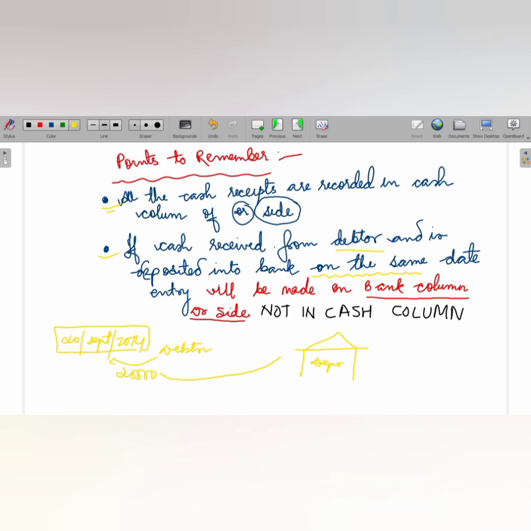डिपॉजिट कर दी, ठीक है। अब ये रूल क्या कहती है कि if we receive cash from the debtor and it is deposited on the same date, 20 September, on the same date, the cash will be converted into bank, and this will affect only the bank column of the debit side.